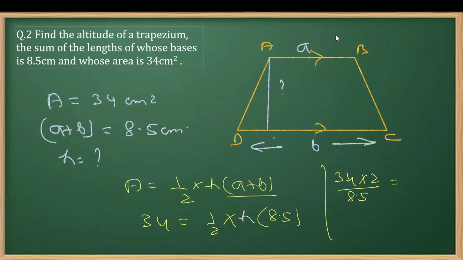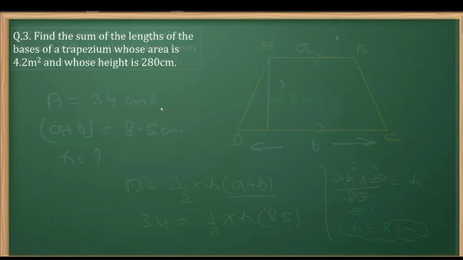That should give you the value of h over here. Now, next in the calculation, I can remove the decimal over here and write a 0. You know that these numbers are divisible: 17 5 times and 17 2 times, 2 1 times, and 5 1 times, right? And 5 4 times is 20. So we get h as how much? 8 centimeter as the altitude. So this is 8 centimeter.